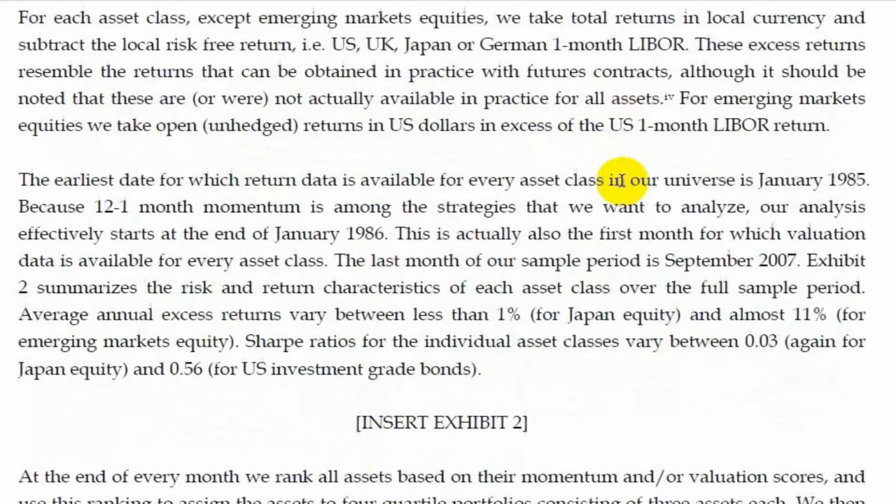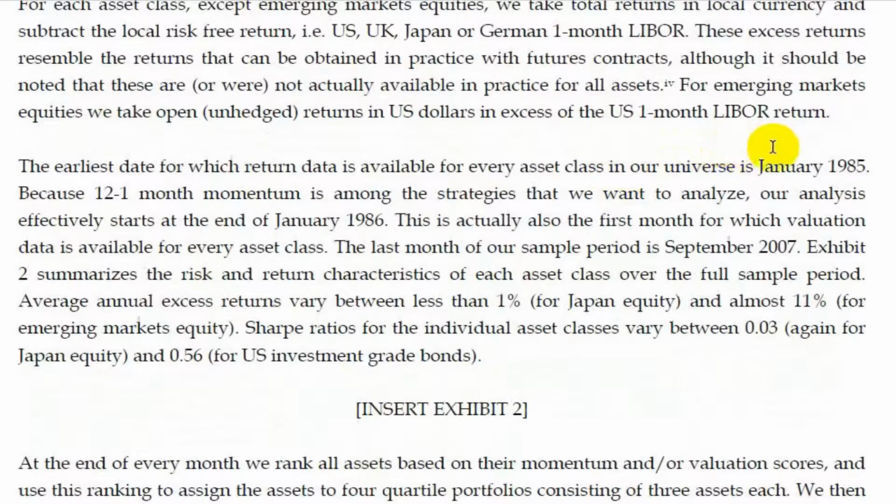So if we remember from Exhibit 1, the earliest date where there's data available for every one of the asset classes was 1985. And since we're using the 12 minus 1 month momentum strategy, that would mean the past returns over the past year, excluding the most recent month, then our first year of returns from the strategy are going to be in 1986, because we had to wait a year after January 1985.